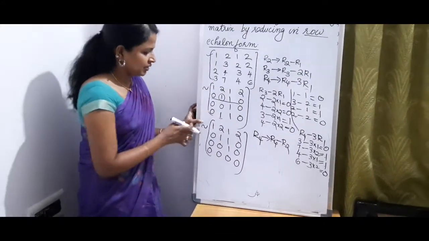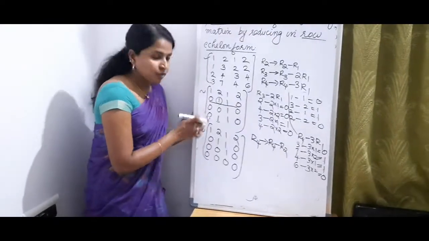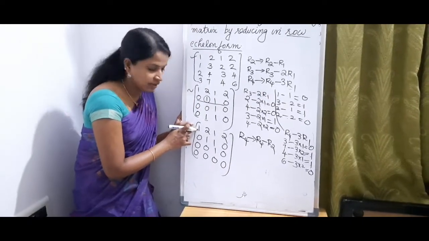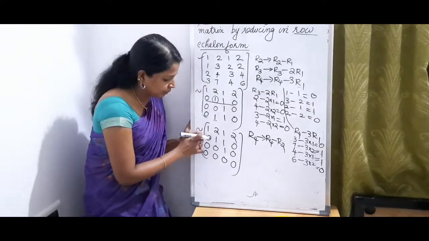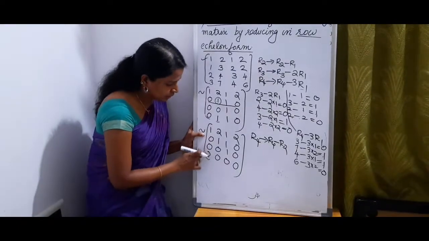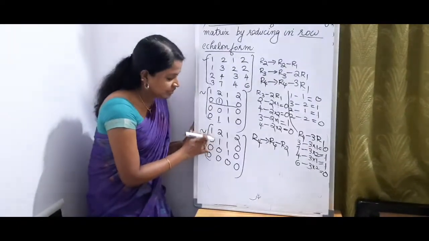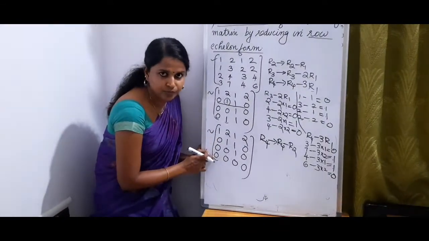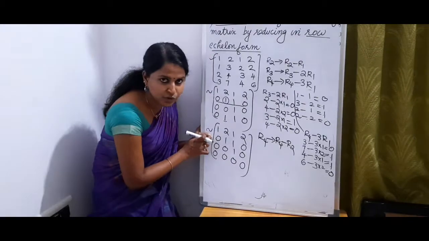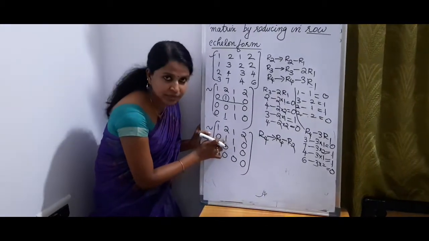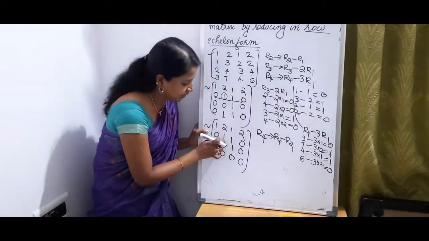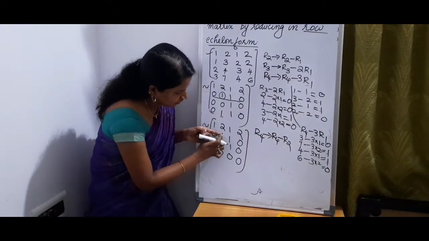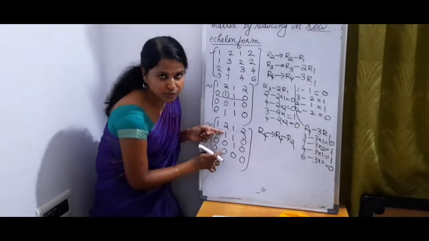Let us start from the beginning. The first non-zero element in the first row is 1. The elements below this 1, in that column, are zeros: 0, 0, 0. Next we consider the second row. The first non-zero element is 1, and the elements below this 1 are 0, 0.